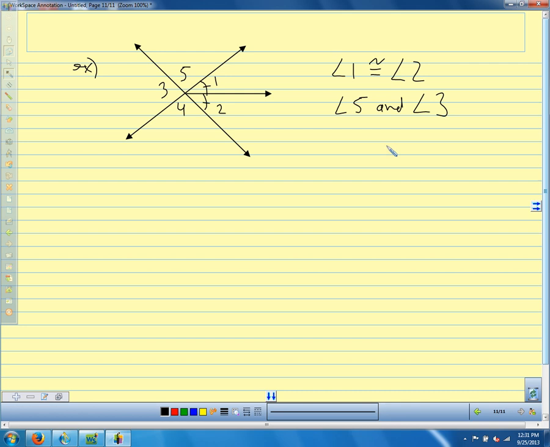Supplementary, very good. Angle 5 and angle 3 are supplementary. That's a good one. Are there other supplementary angles there? 3 and 4 make a straight line. Angle 3 and angle 4.